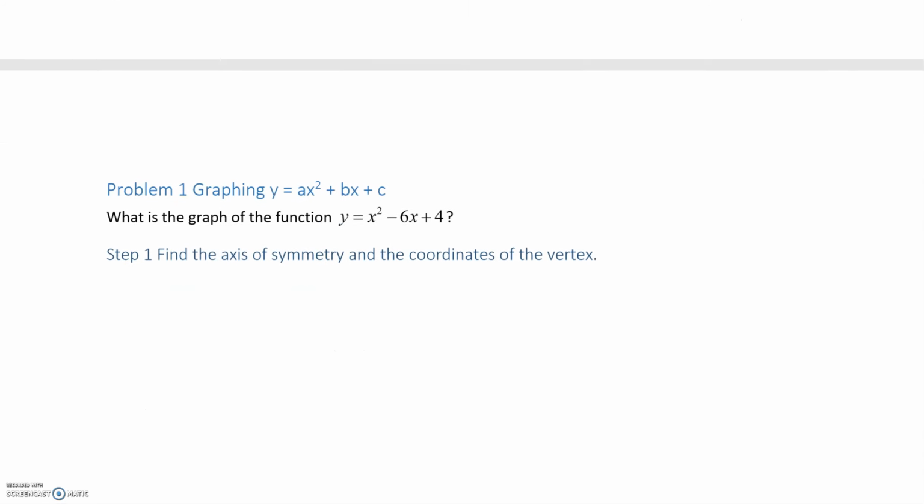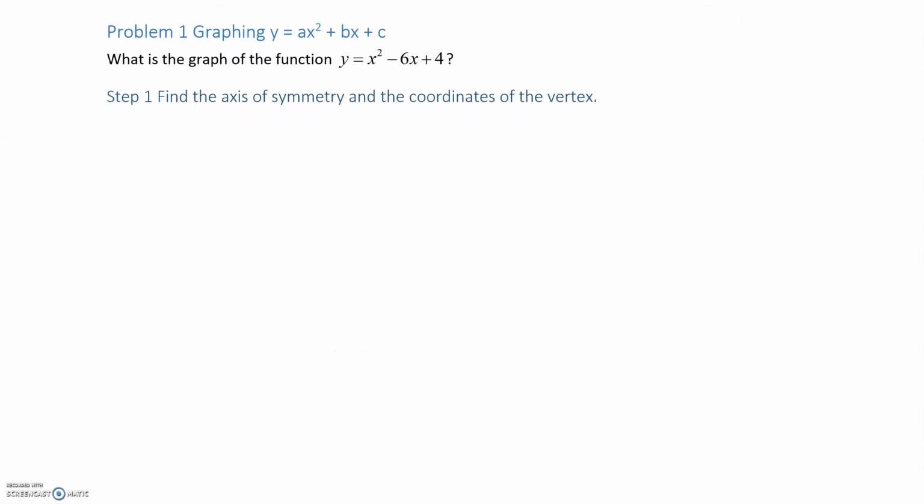Okay. So if we move on to the next page, what we want to do is find the axis of symmetry and then find the coordinates of the vertex. So the first thing we're going to do is find the axis of symmetry. On the last page, we said that the axis of symmetry has an equation of x equals negative b over 2a.